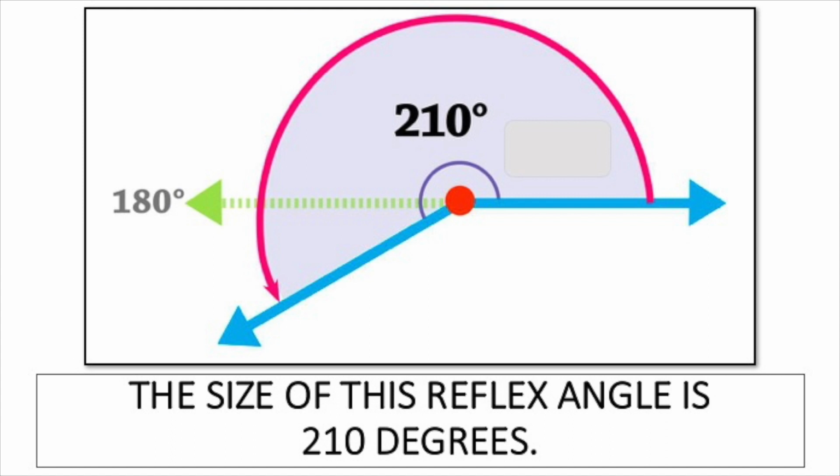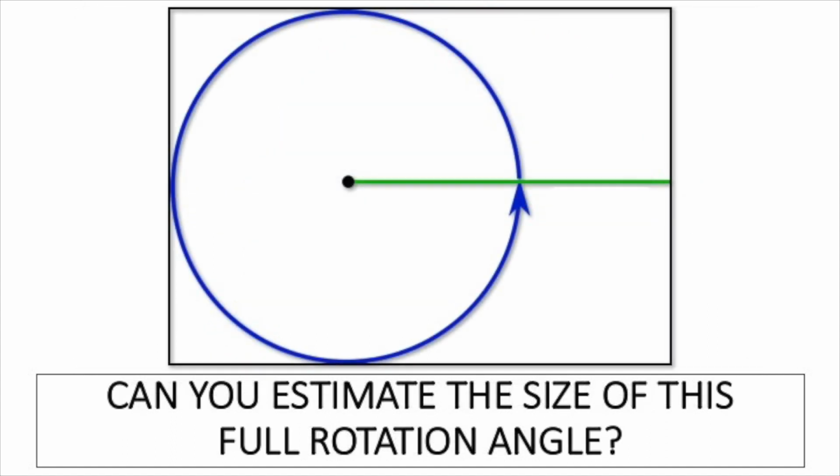Now finally, can you estimate the size of this full rotation angle? 360. Why do you say 360? Can it ever be more? No. Can it be less? No. Correct.